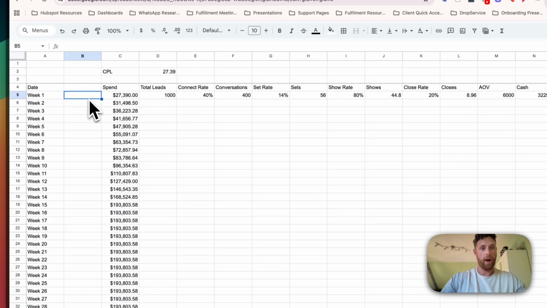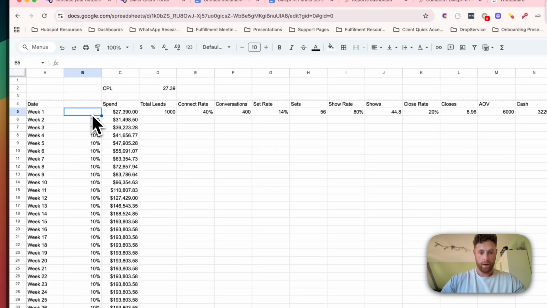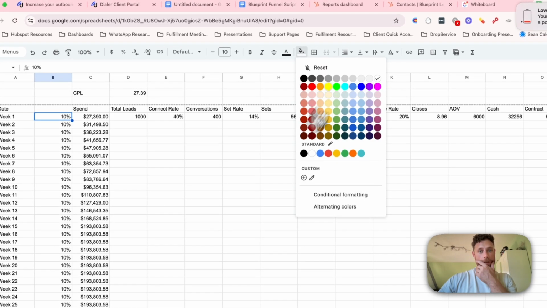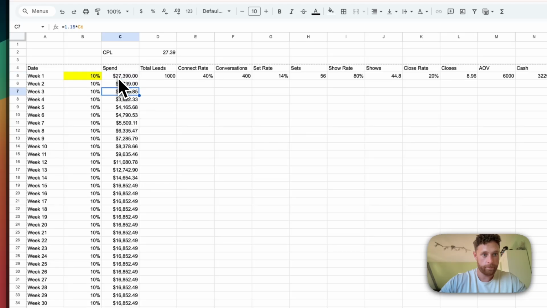So for example, let's just increase this by 10%. And then put this one 10% as well. Make this yellow so you know to change this. And then say equals this times this plus this, and then throw in some parentheses here. Okay, cool.